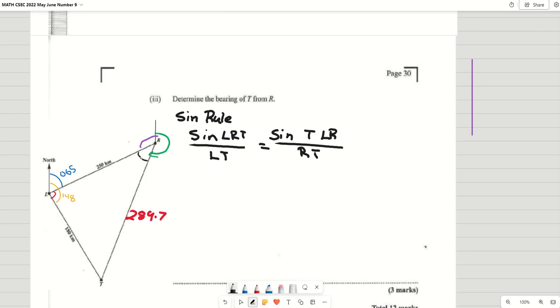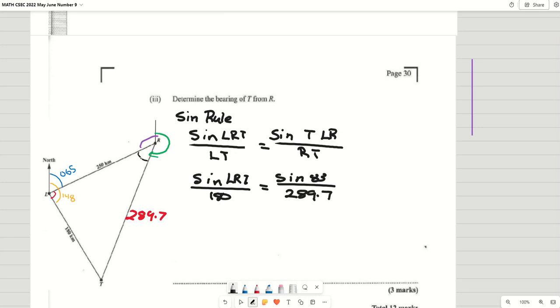Sine LRT, which is what we're trying to find, over 180 is equal to sine 83 over 289.7.